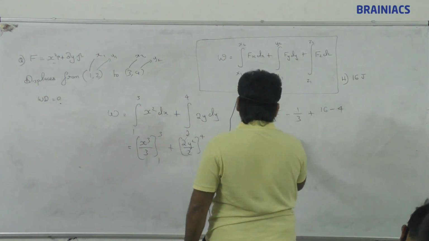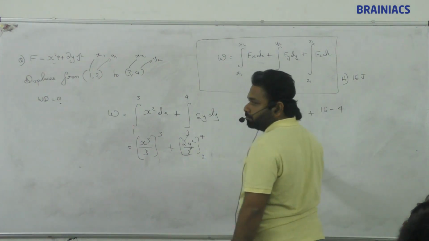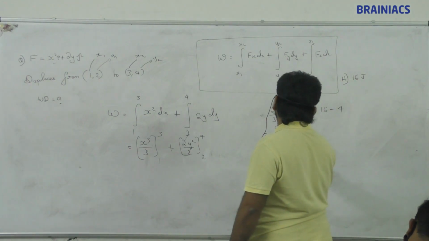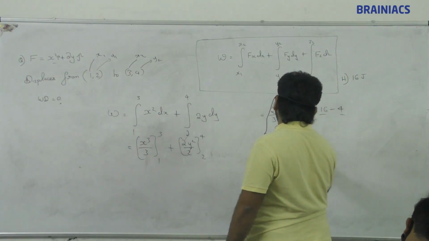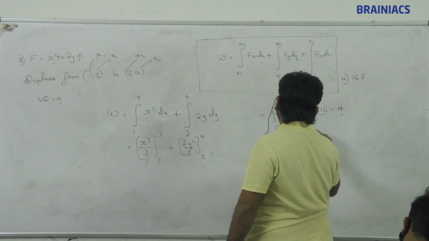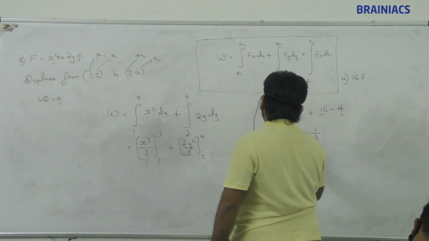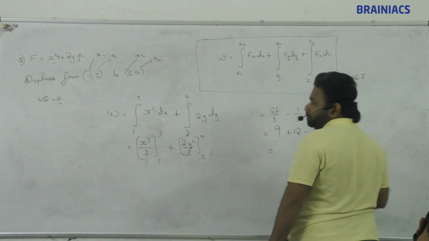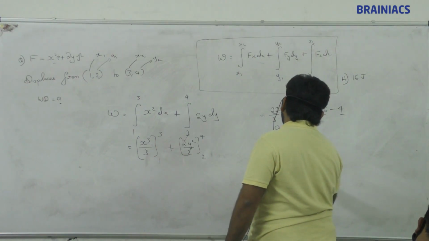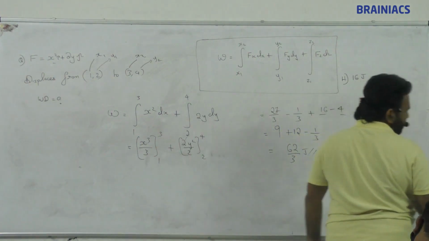So this is going to be 9, plus 12 minus 1 by 3. So simplifying this, what will we be getting? 62 by 3. So this is the answer for this question.